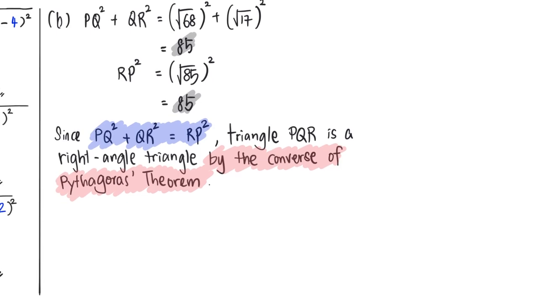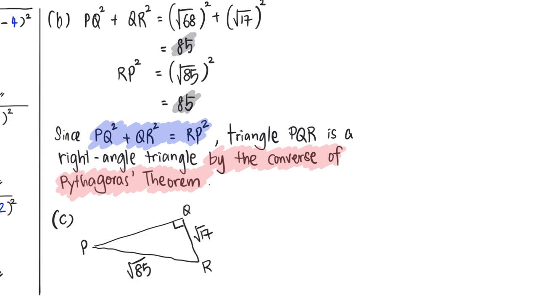we would be able to solve for part C pretty straightforwardly, because if I were to redraw this triangle, I would know that this is my right angle, this is square root 85, and QR, so this is my Q, this is my R, this is my P, so QR is square root 17, this is square root 68.